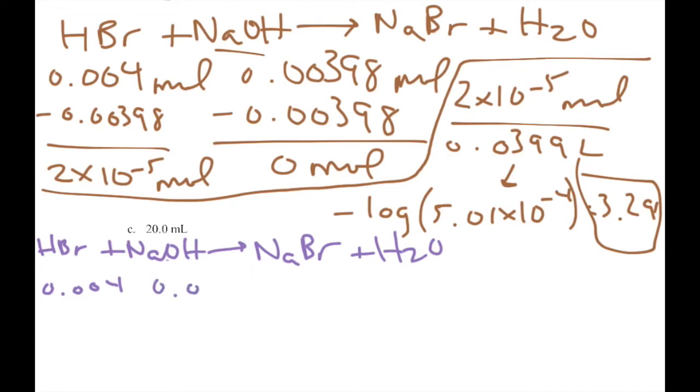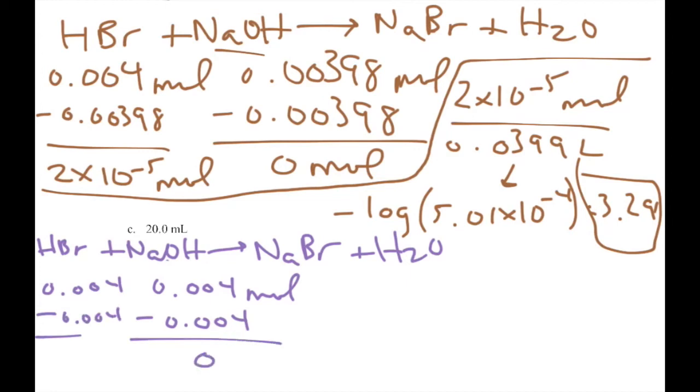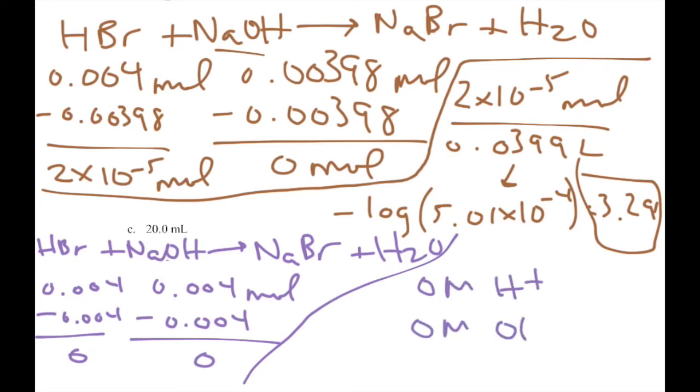We're also going to have 0.004 moles of each. So again, we use all of it up. And you notice that we have no H plus, no OH minus, extra. Thus, our pH equals 7. Neutral.